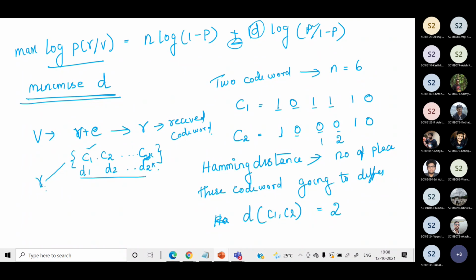Among these distances, for example, if D1 is the minimum compared to the rest, then we will choose V1 as the transmitted code word.